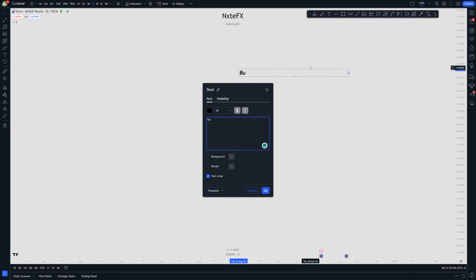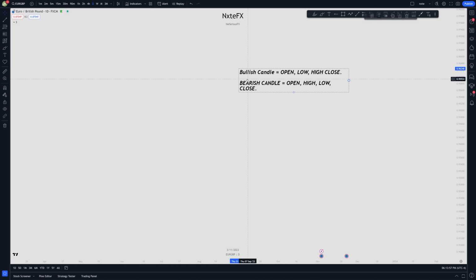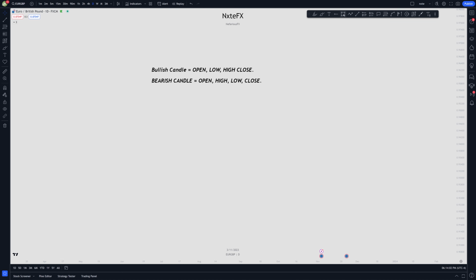A bullish candle is open, low, high, close. A bearish candle is open, high, low, close. So how does this look in a candlestick?